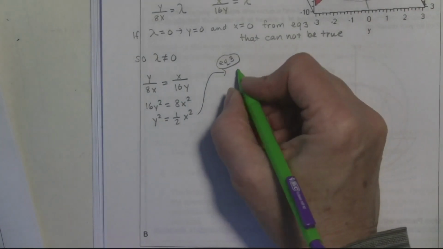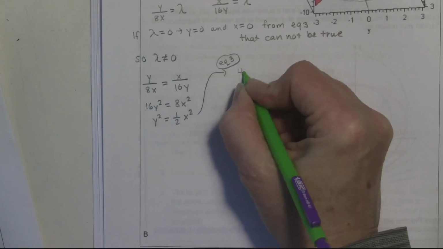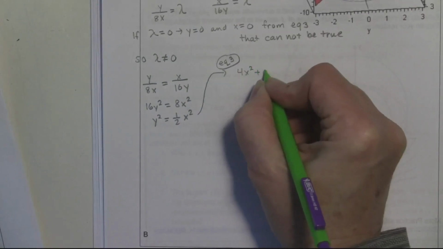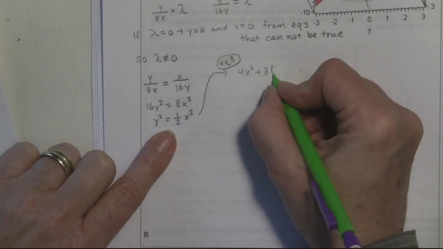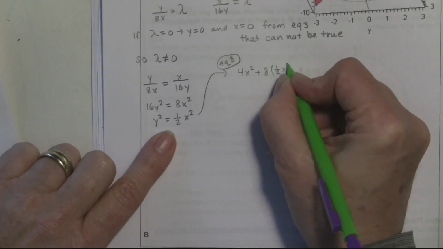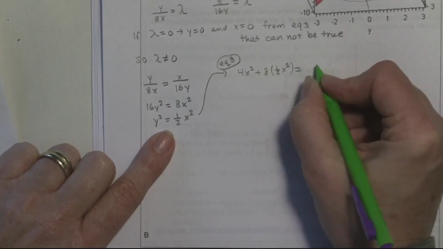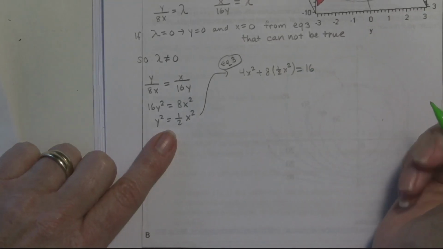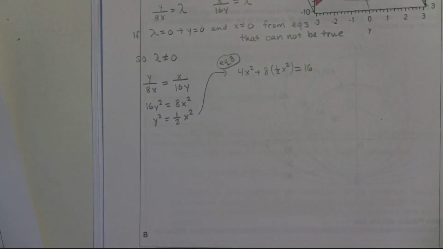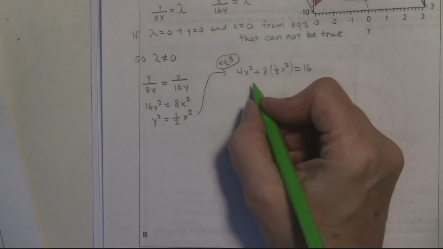So we're going to have them all involved. So equation 3, 4x squared plus 8y squared. But what are we saying y squared is? We're saying it's half x squared. So I'm substituting into equation 3 what we just found from equation 1 and 2. Now I've got a blend of equation 1, 2, and 3.